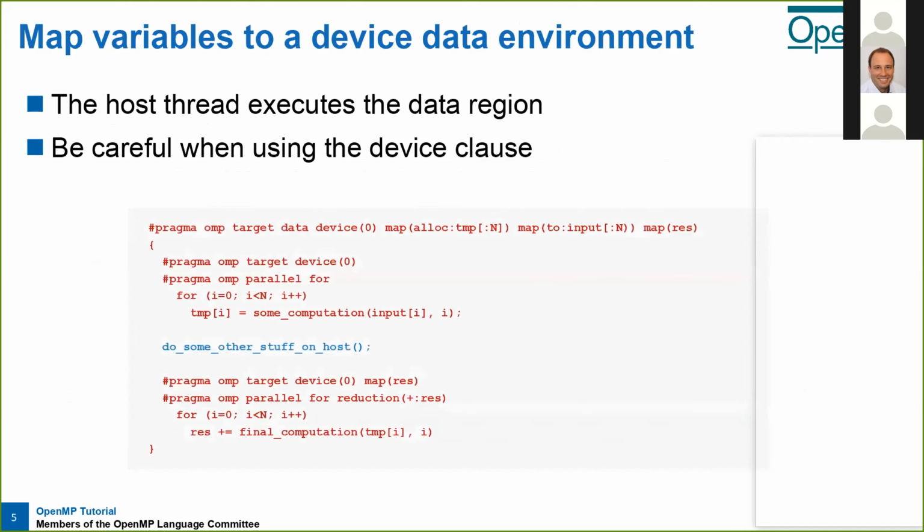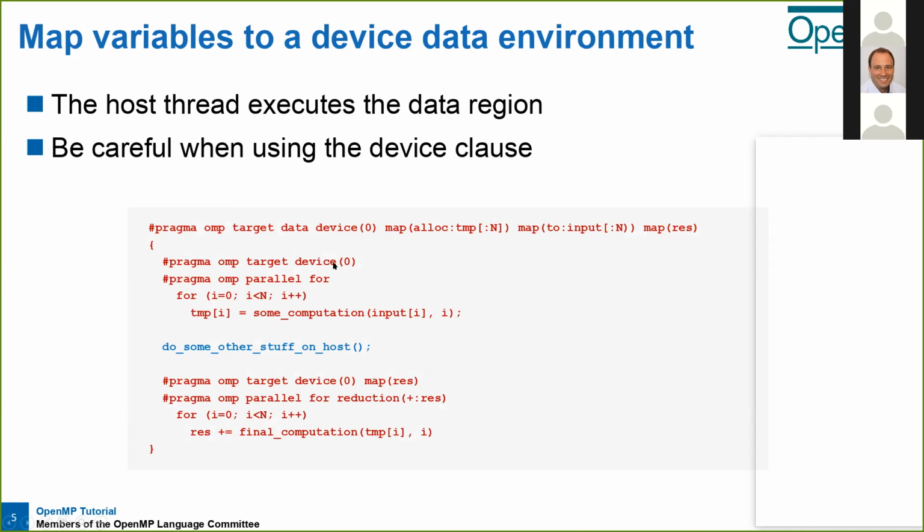Remember, what happens? This is a default. You have the target data, and you have the target code that might be executed here on a specific device. Be careful with that, because with that, your code to some extent becomes dependent on a certain architecture of the host on which it's being executed.